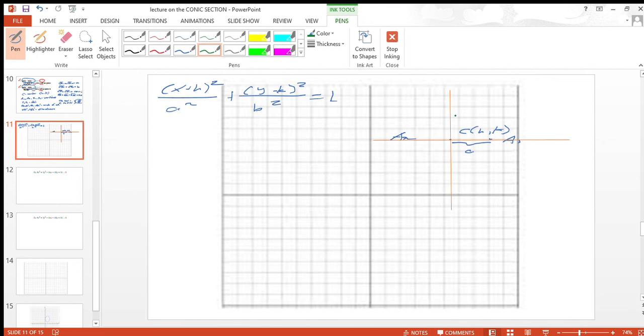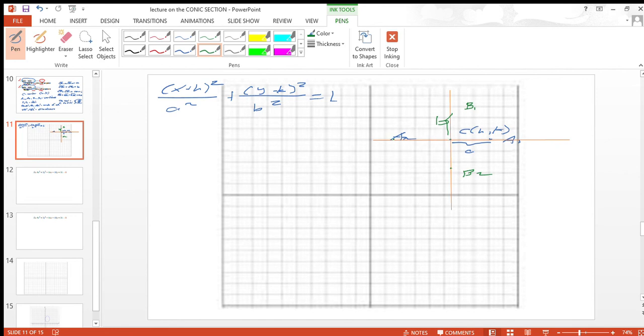So let's say this is now where our B1 is, and then let's say our B2 is somewhere here, and then the distance from center to B1 is small b, okay? Center to B2 is also b. So if you connect B1 to B2, that's our minor axis.